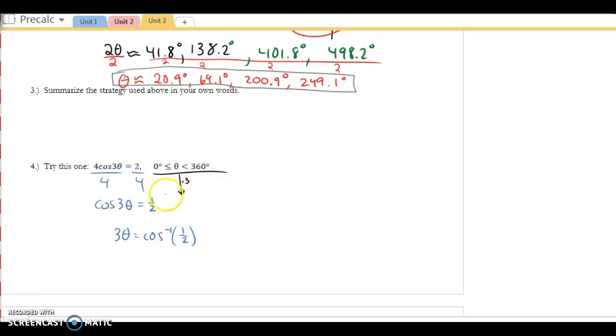Its restriction should be 3 times as big. So I would write that the new restrictions are that 3 theta must be between 0 times 3, which is 0 still, and 360 times 3, which is 1,080. So we're going to find answers between those when we go ahead and solve. Put this in your calculator.